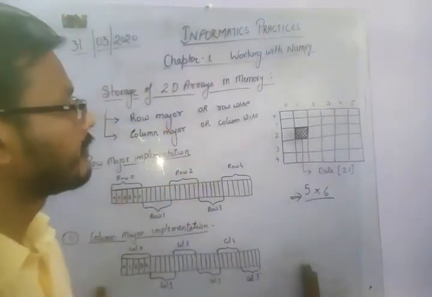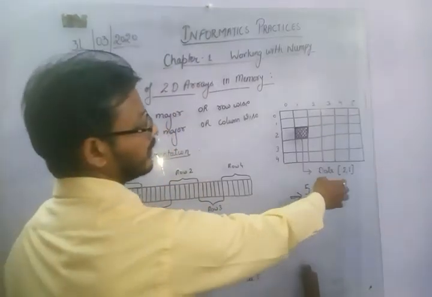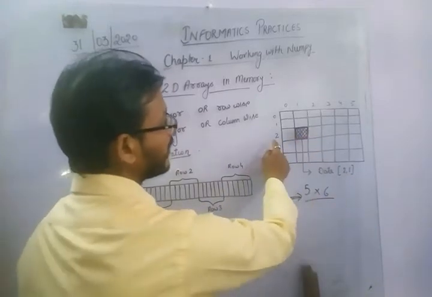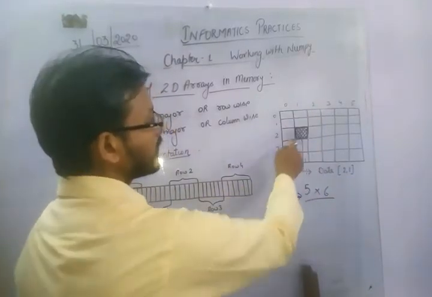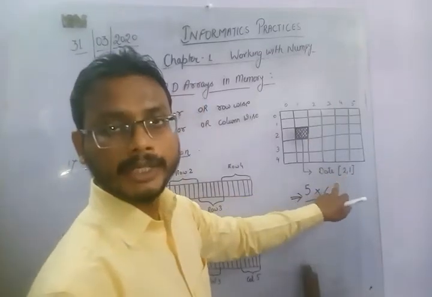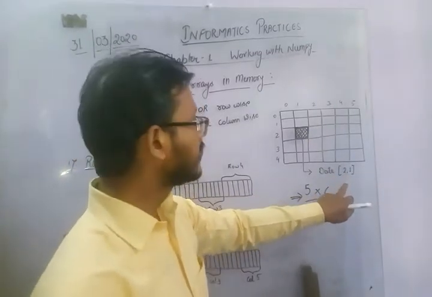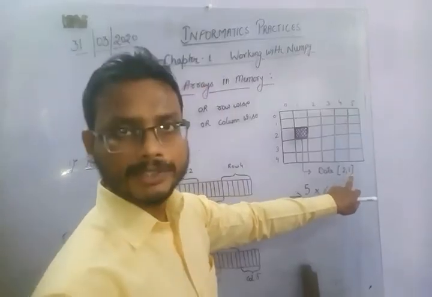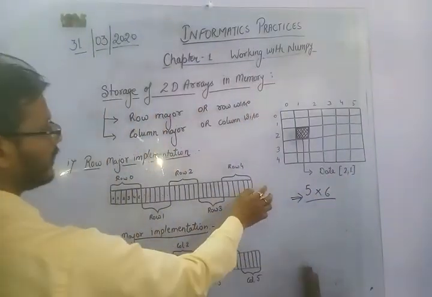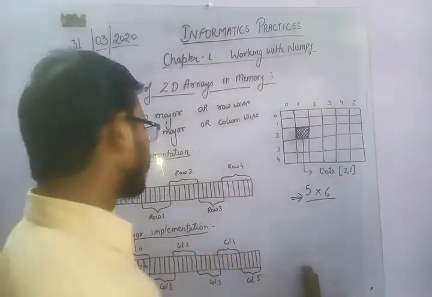Now let's search for this data. We have already written here that this data lies in the second row and first column. So second row and first column, we have already written the index values as 2 comma 1, meaning second row and first column. Let's search this data in row major wise implementation.